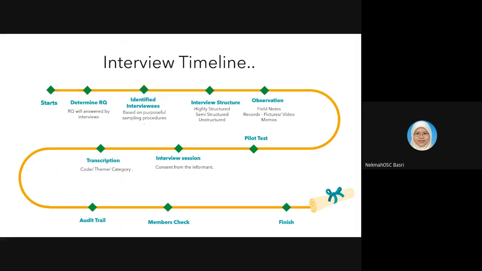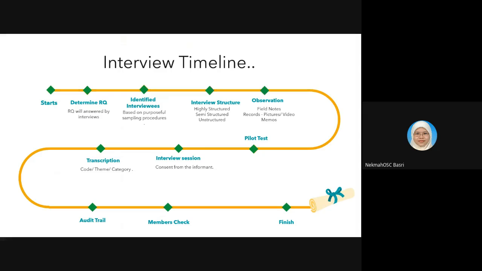Audit trail is just a record of what we do at first and at the end.